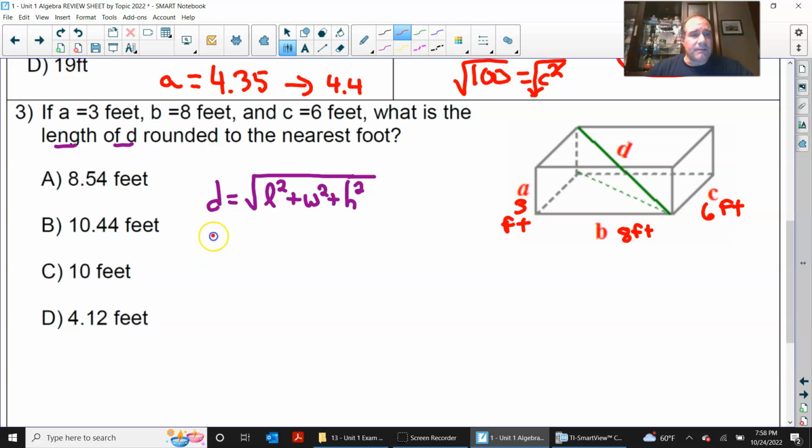All right, so I'm going to put D equals the square root of the length squared plus W squared plus H squared. It doesn't matter which number you use for the length, the width, or the height. So I'm going to put 3 squared plus W squared, which is 8 squared, plus 6 squared.